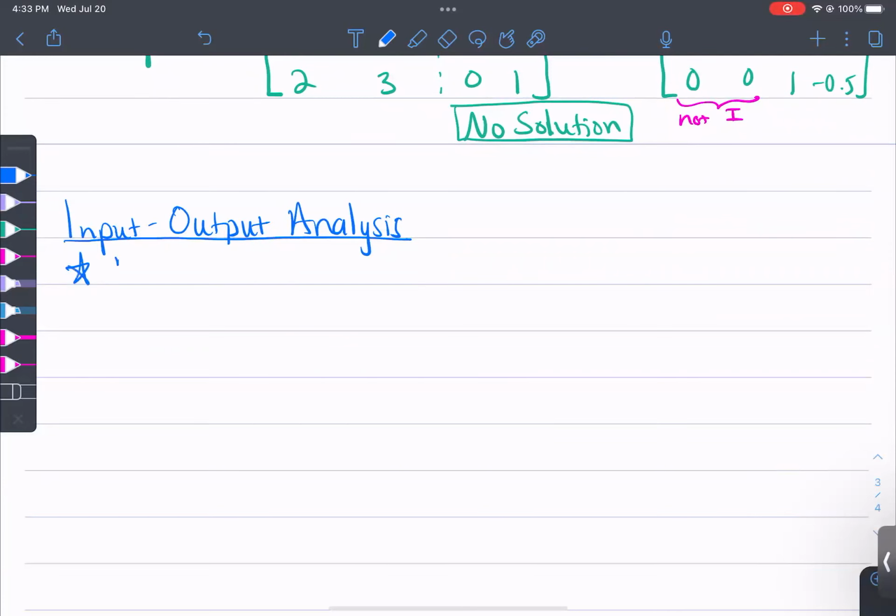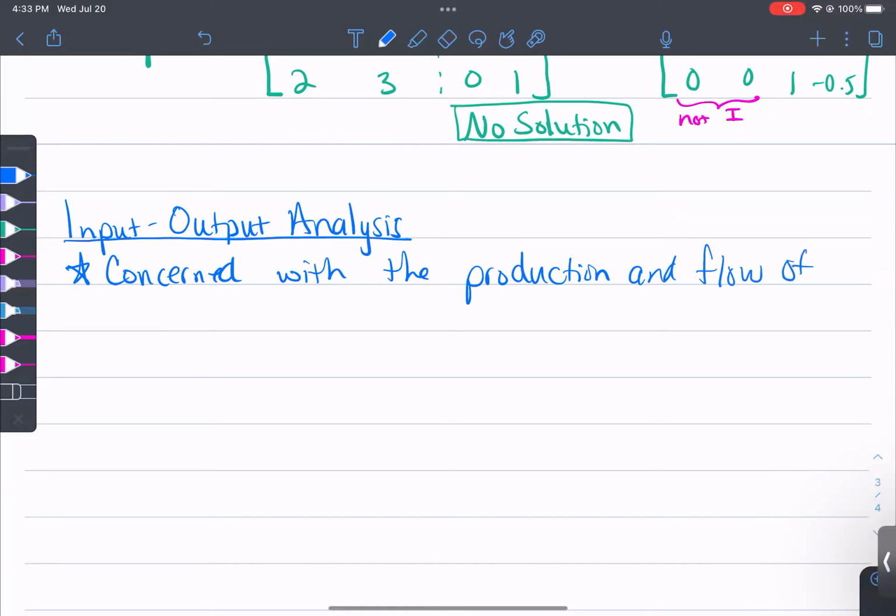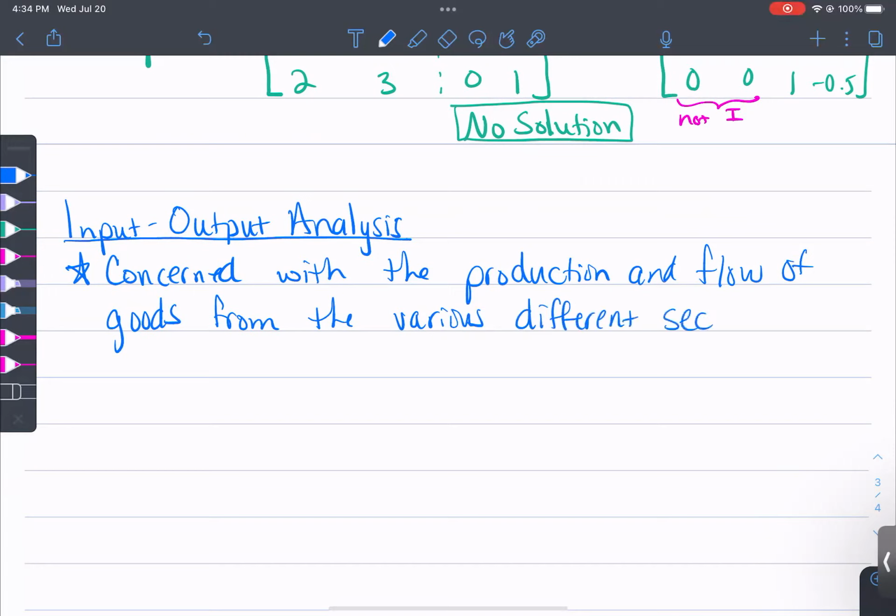So for our word problems, we are concerned with the production and flow of goods from the various different sectors in an economy.